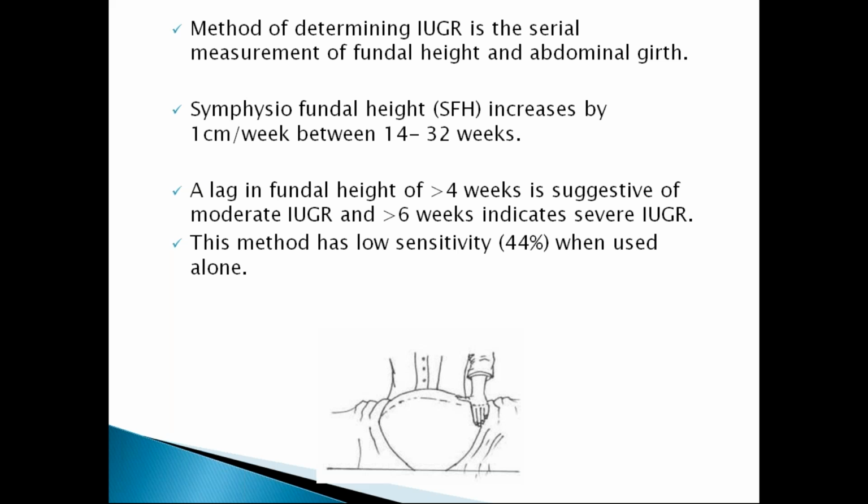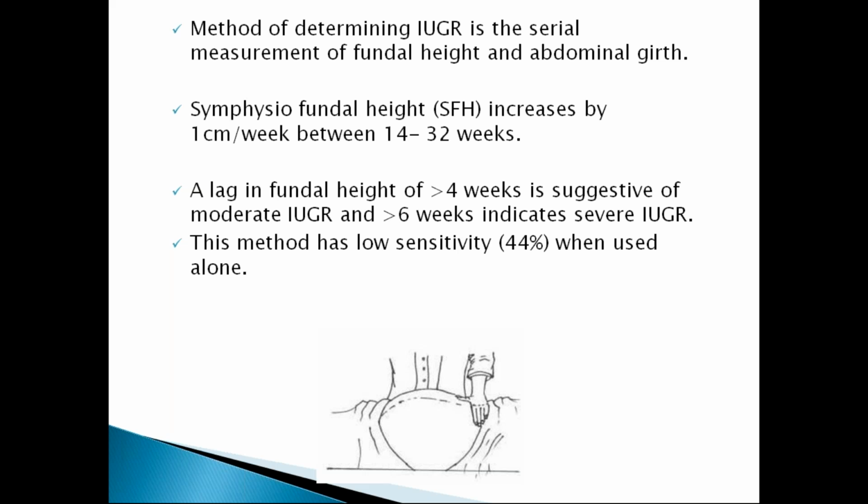We look for excessive increase, no increase, or decrease in weight. In symmetrical cases, initially there may not be a decrease in weight gain, but in asymmetrical cases there will be a decrease in the later half. Then, on per abdomen examination, we check the fundal height.